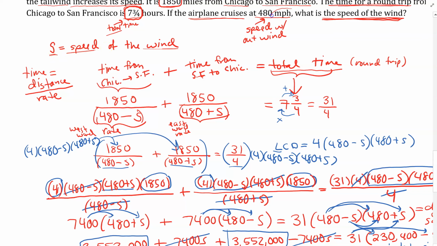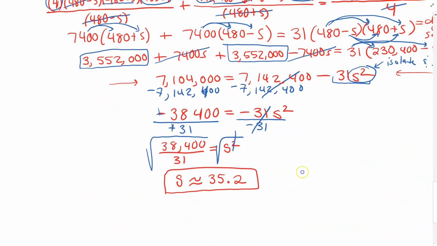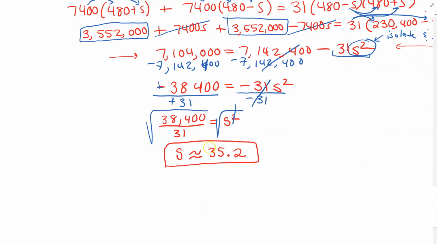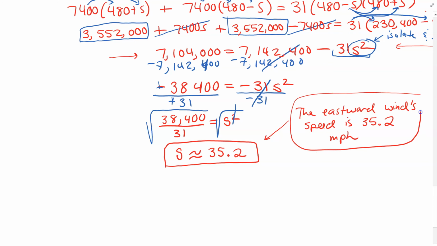The speed of the plane was in miles per hour, and so the speed of the wind is also in miles per hour. So basically, this is just how fast the wind is blowing toward the east. So we'll say the eastward wind speed is 35.2 miles per hour. That's how fast the wind is moving.